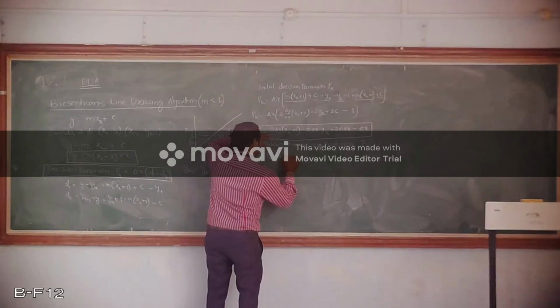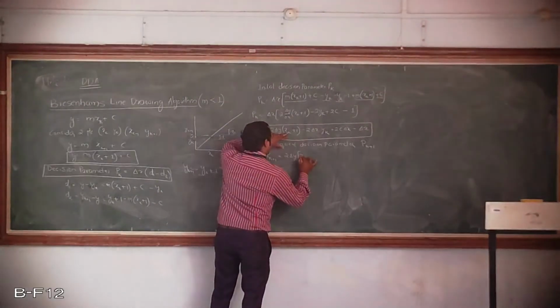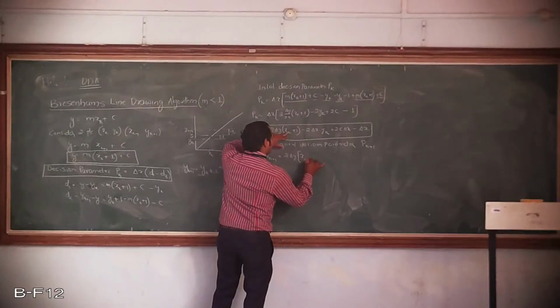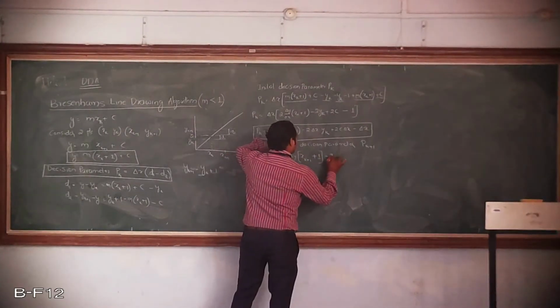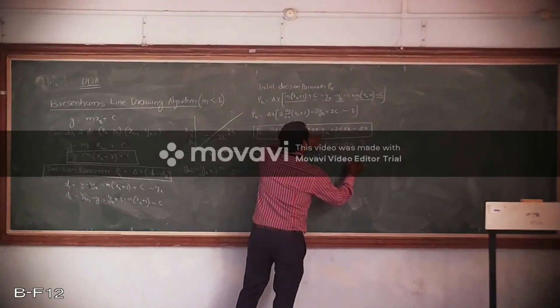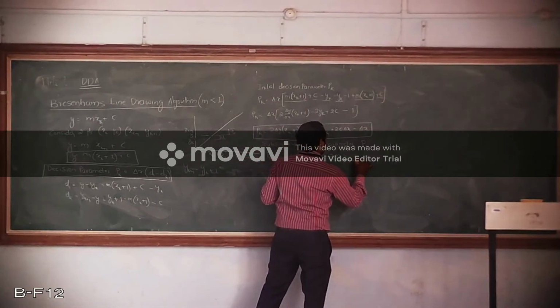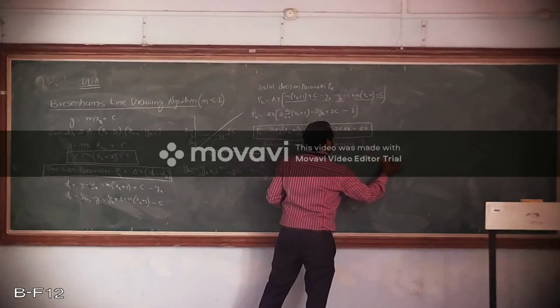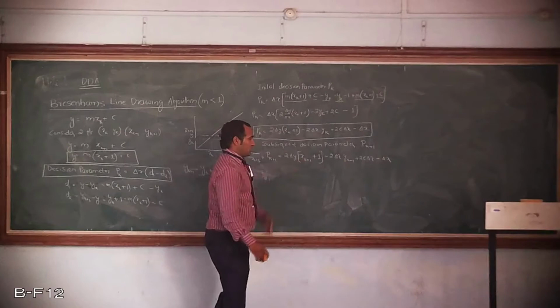Now here 2 delta y as it is into xk, I will write it as xk plus 1 as it is, minus 2 delta x as it is into yk plus 1, plus 2c delta x minus delta x. There is no suffix term here, so I have not added this k plus 1.